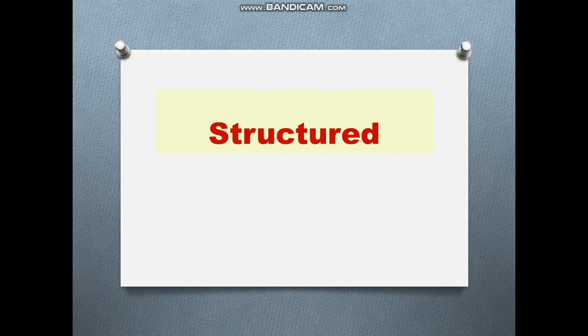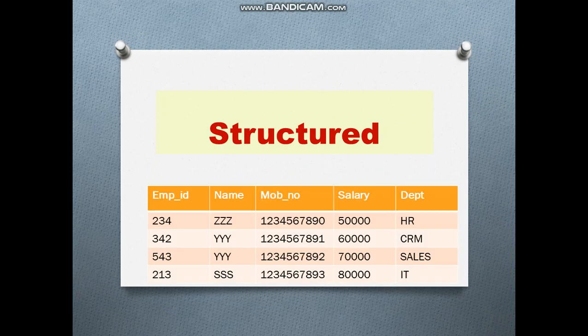That is why we also call this system a Relational Database Management System, RDBMS, because we always store the data in the form of tables or relations. So we are going to ask the question to the database which has a fixed structure, that is a table. That is why it is called Structured Query Language.